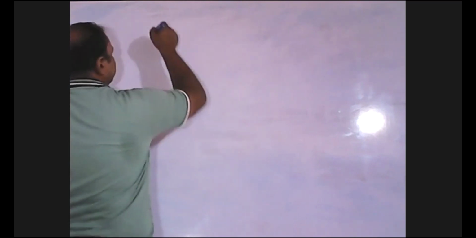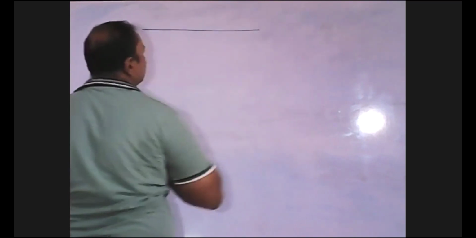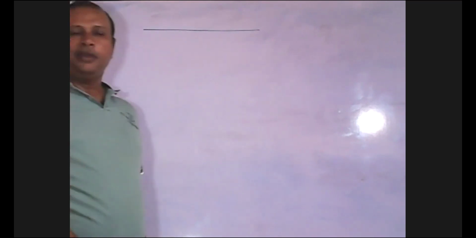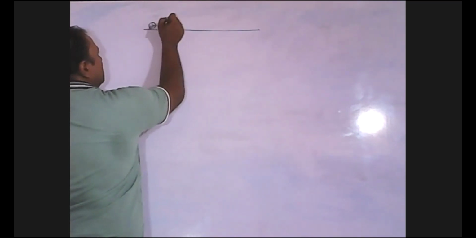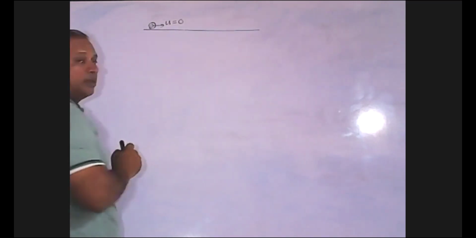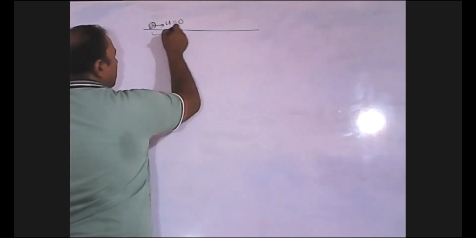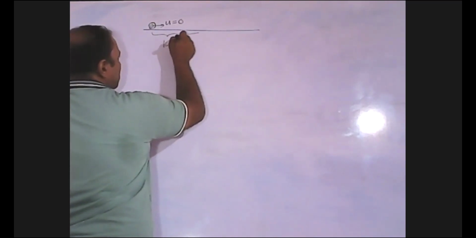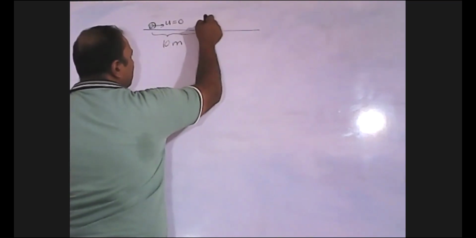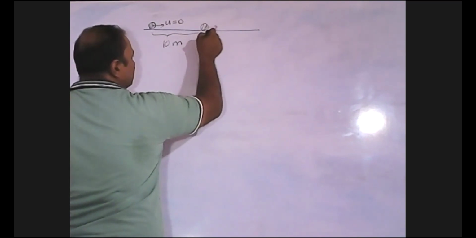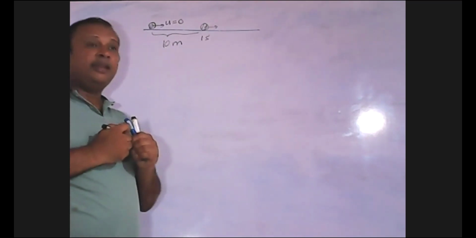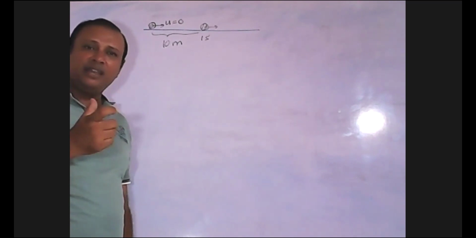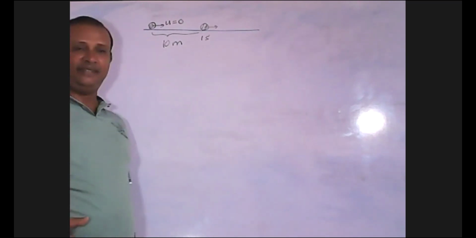Let's do it. You have to find this one. Initially the object starts from 0, then it covers 10 meter in the first second. You are asked to find the distance traveled within the 10th second. It is not the distance traveled in 10 seconds.